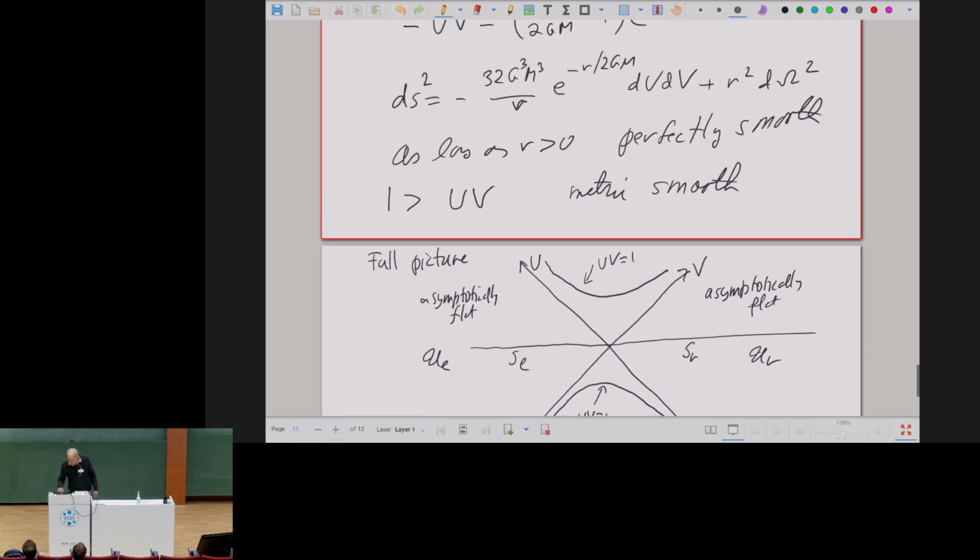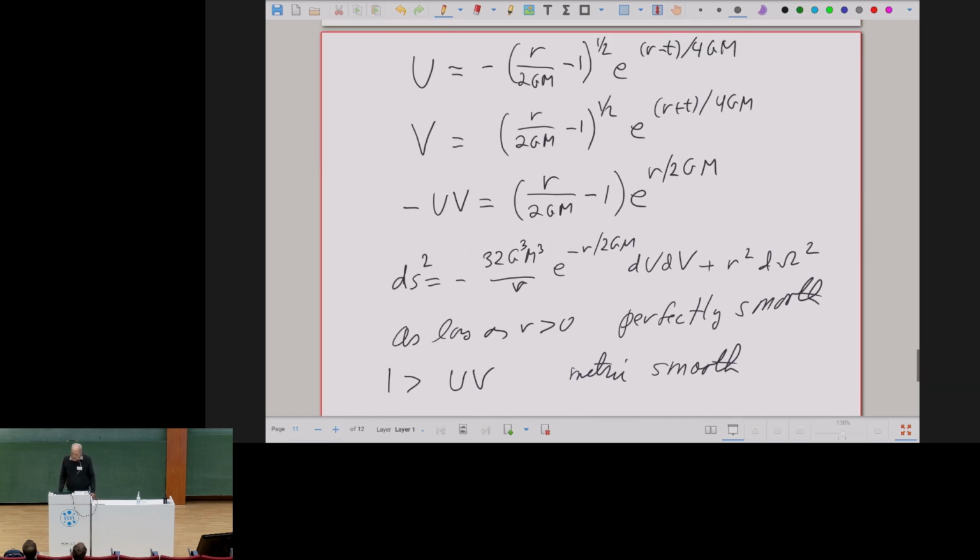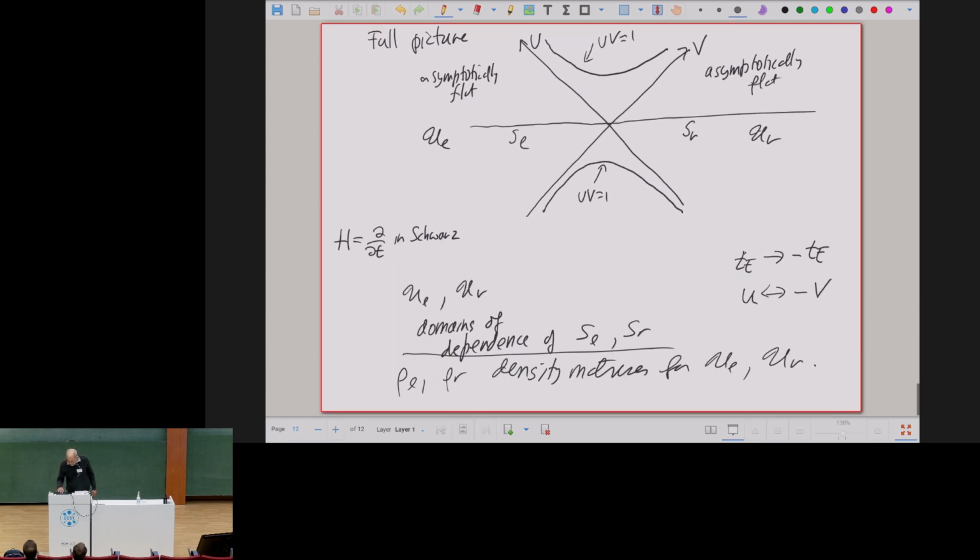So if you want to know what it does in terms of U and V, you should look back here. And you'll see that up to a factor of 1 over 4 GM, the Hamiltonian is 1 over 4 GM times V d by dV minus U d by dU.